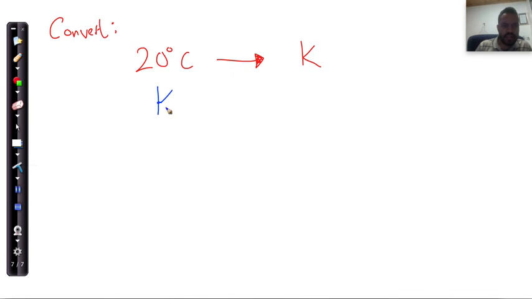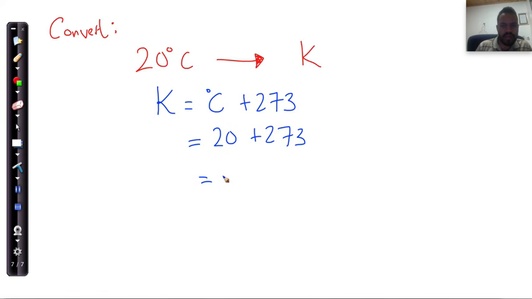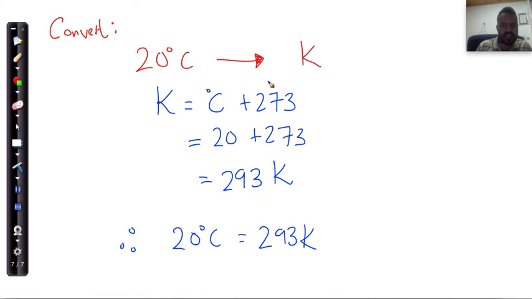Well, Kelvin is simply the degrees Celsius plus 273. Okay, fairly simple. Degrees Celsius here is 20 plus 273, and therefore I'm going to get 293 Kelvin. Okay, and you could say therefore, right, 20 degrees Celsius is equal to 293 Kelvin. There I've done the full conversion.